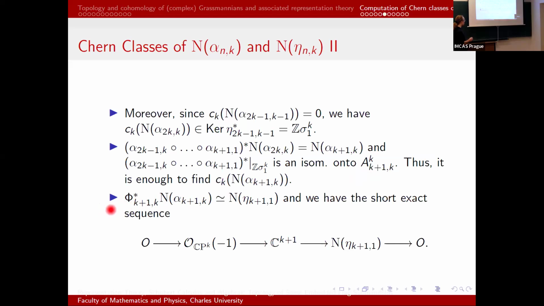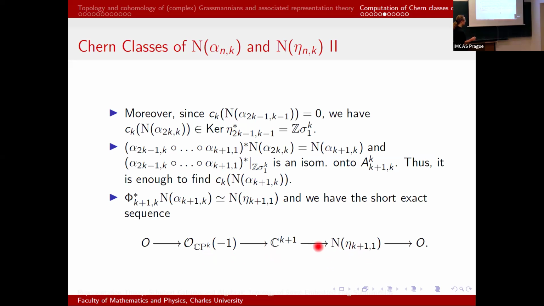by the map phi k plus 1, k, we get the normal bundle, the horizontal normal bundle n eta k plus 1, 1. And by the previous lemma, we have the short exact sequence, where this is n alpha k plus 1, 1, and it's just the canonical line bundle over CP^k.